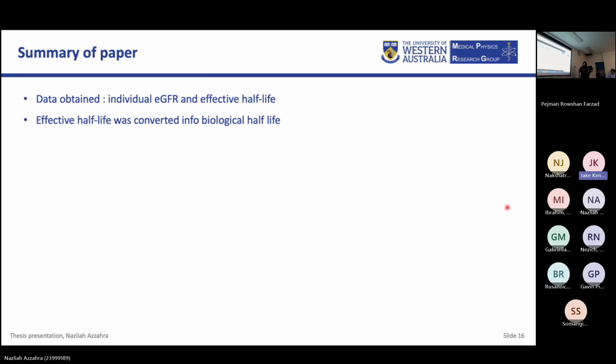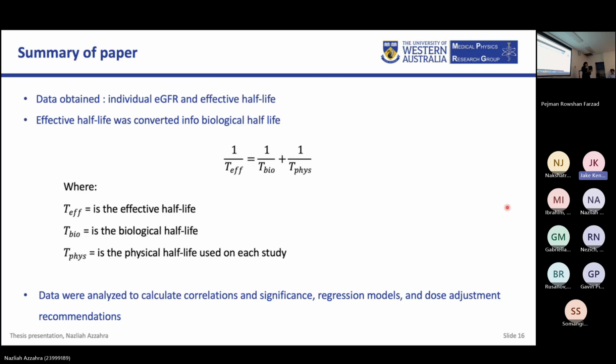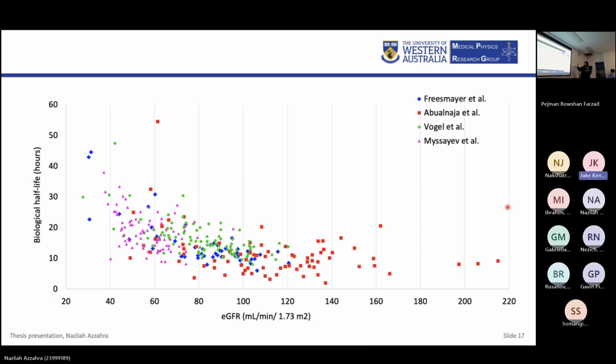And the effective half-life was converted to biological half-life using the relationship on the screen. After that, the data were analyzed to calculate the correlation and how significant it is, and also for the regression model and dose adjustment. The data were then plotted for each different study.